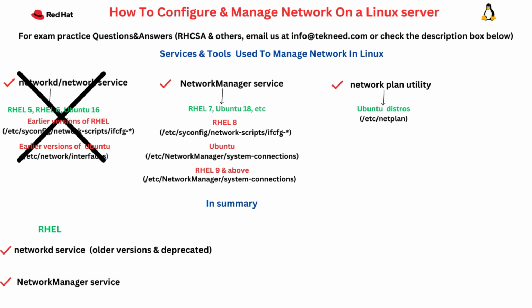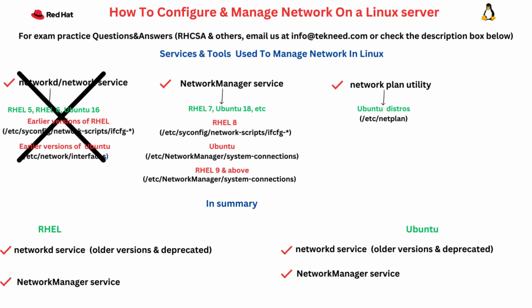And for Ubuntu and its derivatives, that's Debian and its derivatives like Ubuntu, the services and utility responsible for network configuration and management are the Network D service, which is the older version. Then we have the Network Manager service, which is the newer version. And we also have the Netplan utility, which is the newer version.